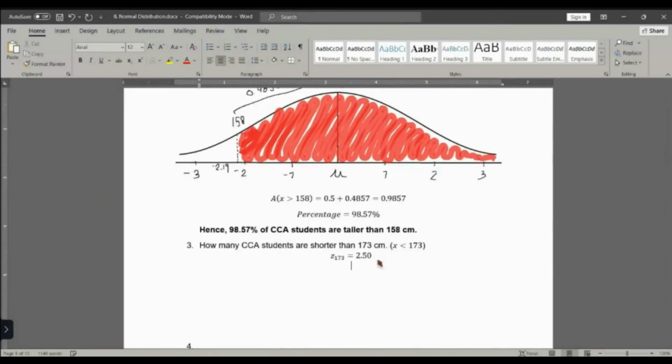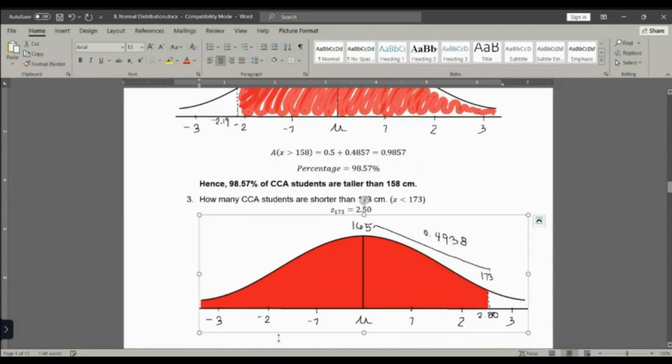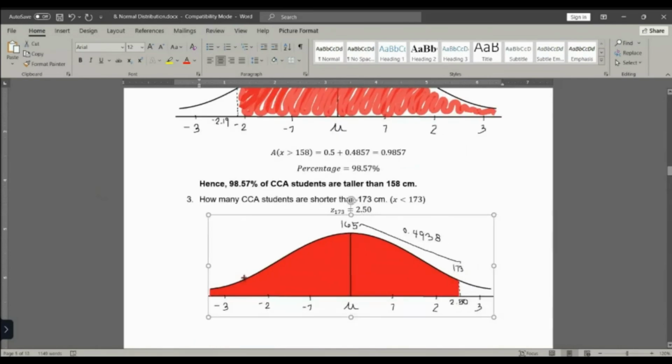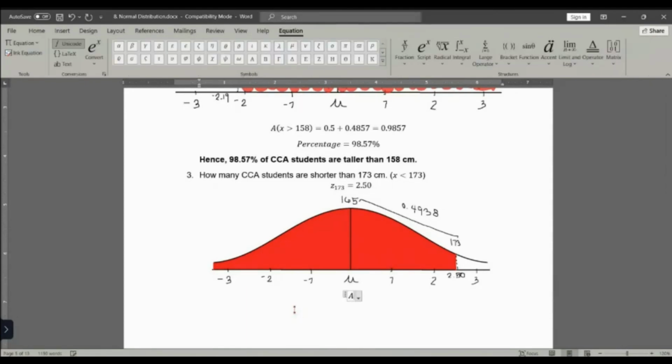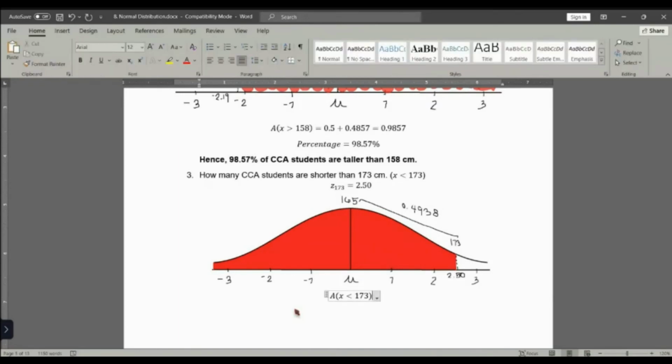So we now have your illustration. You can now solve for the area. Area of x less than 173. Add or subtract from 0.5?